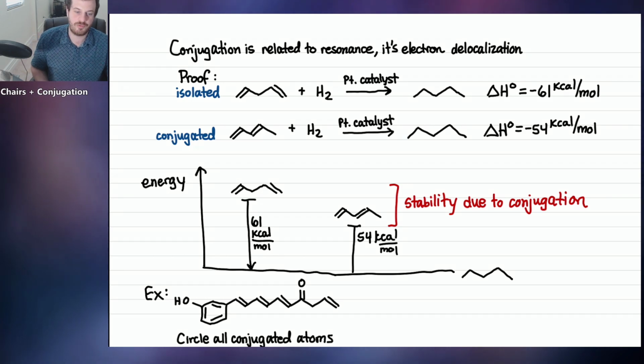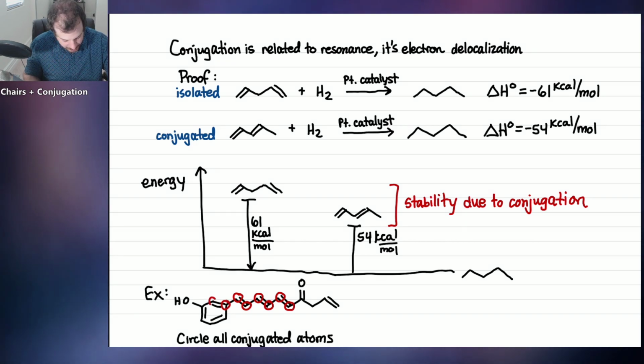Okay, so in order for an atom to be conjugated, it needs to be part of a double bond or part of an sp2 hybridized atom that is alternated away from another double bond or sp2 hybridized atom. So for example, all of these carbons are conjugated because they're part of alternating double and single bonds.